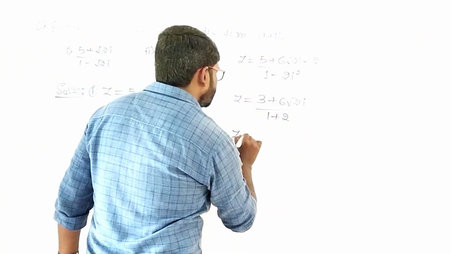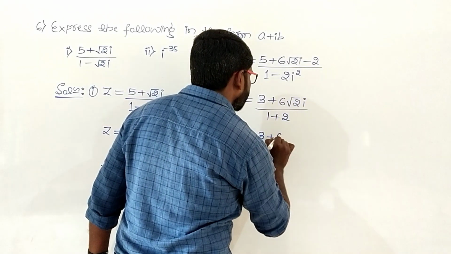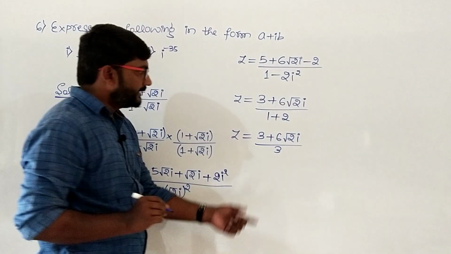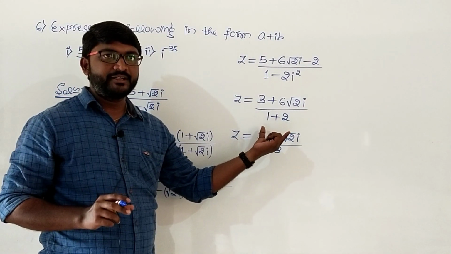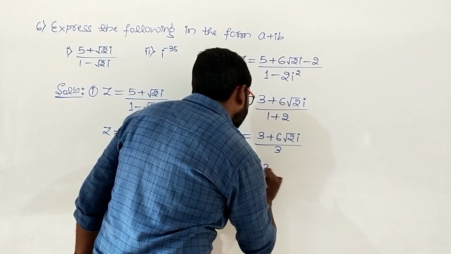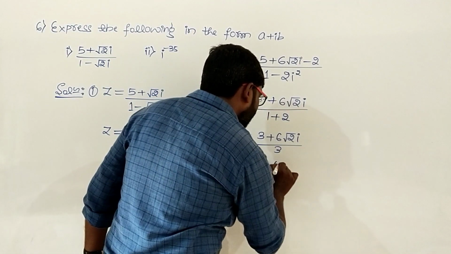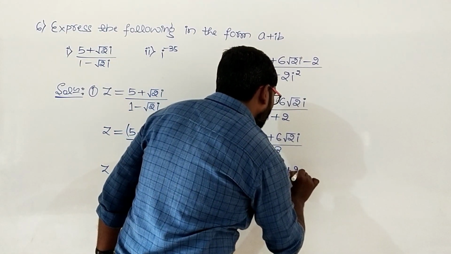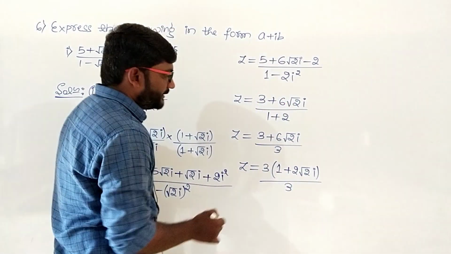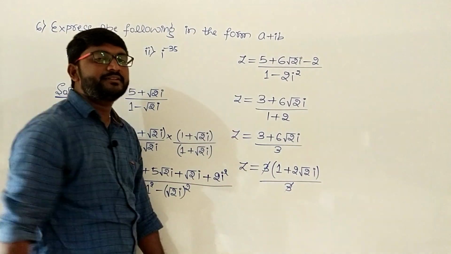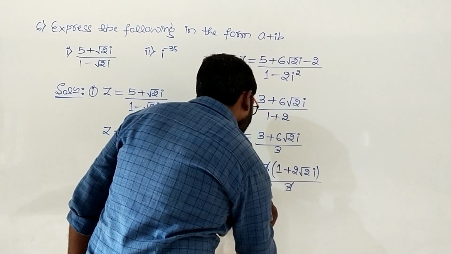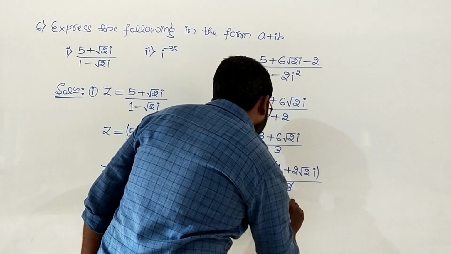Then z is equal to 3 plus 6 root 2i divided by 1 plus 2, that is 3. Now in the numerator we can take 3 common. So I take 3 outside. Here 1 remains, 1 plus 2 root 2i divided by 3. Then here 3 and 3 get cancelled. We get this as the final answer. Z is equal to 1 plus 2 root 2i.